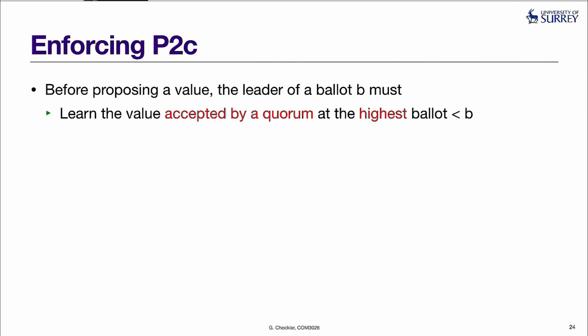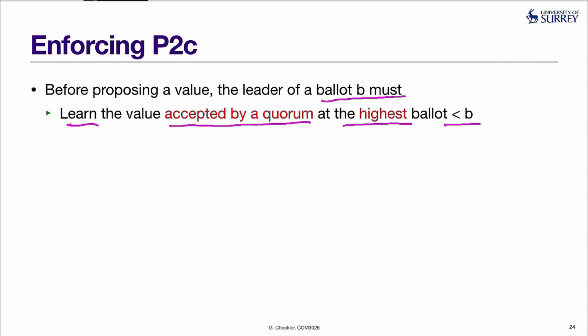Before proposing a value, the leader of a ballot B must learn the value accepted by a quorum at the highest ballot, which is less than B. And if you recall condition P2C, in order to learn this value, it is sufficient for the leader of ballot B simply to contact some quorum S. It can be an arbitrary quorum, and then pick the value with the highest accepted ballot in this quorum.